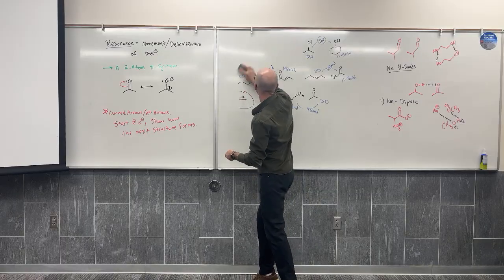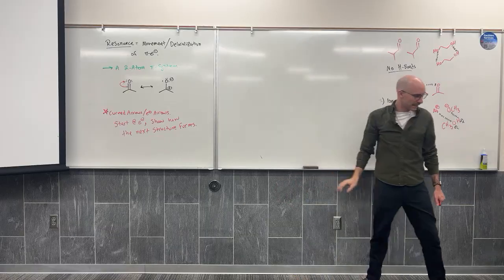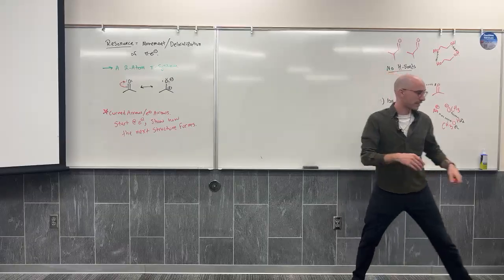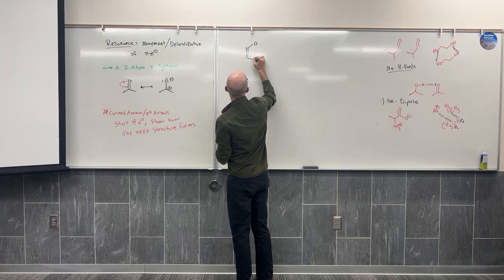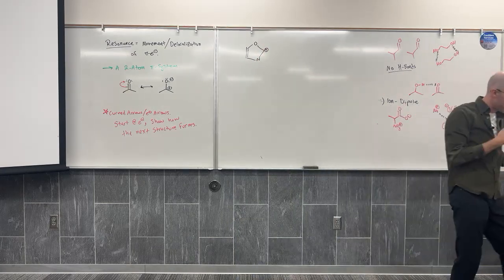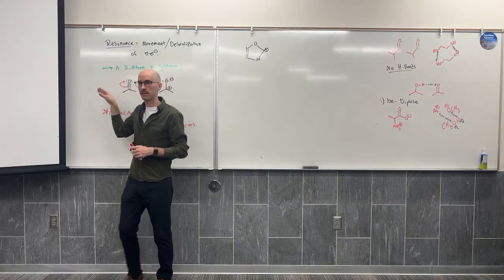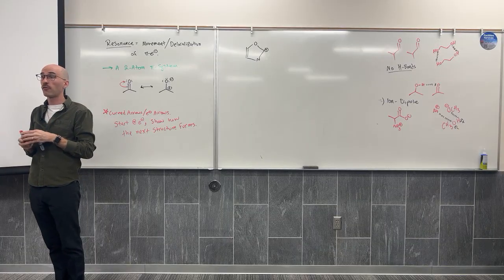Okay, so that's one two-atom system. I think I didn't put another two-atom system on here, but well, actually, yeah, the structure at the very bottom of this. I know that these structures might not have come across very well. This molecule also has a two-atom system, but instead of having a pi bond that we can show breaking in one direction or the other, it has pi bonds that can form.